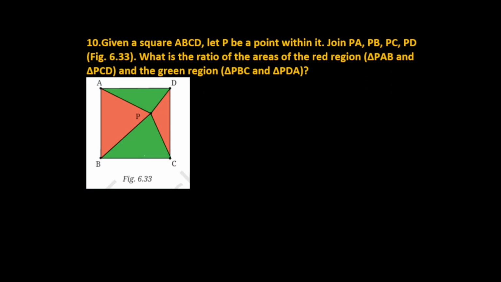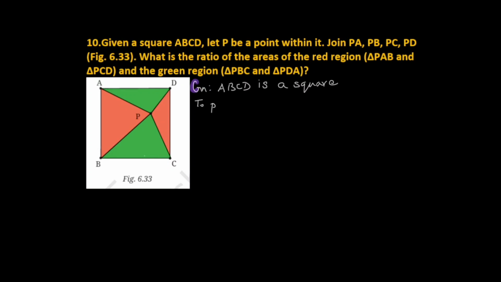Tenth question, given a square ABCD. Let P be any point within it. Then joining PA, PB, PC, PD, we get 4 triangles.